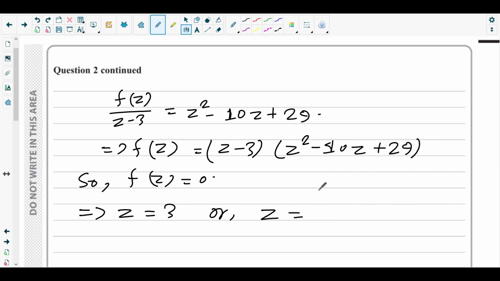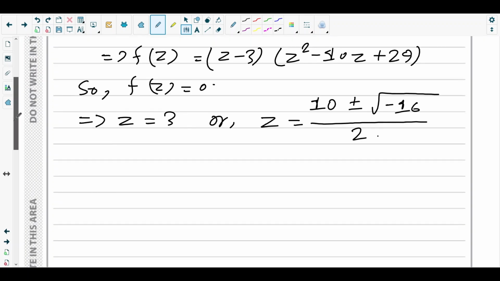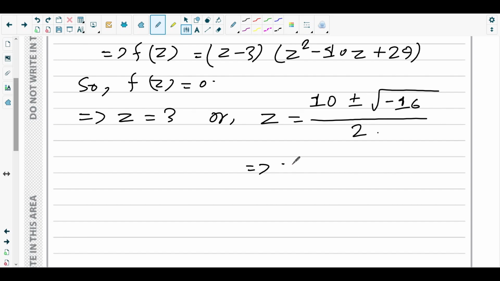The quadratic formula: z = (-b plus or minus the square root of b squared minus 4ac) over 2a. So b squared is 10 squared, which is 100, minus 4 times 29, gives negative 16, over twice a, which is 2. So z is 10 over 2, which is 5, plus or minus the square root of negative 16.